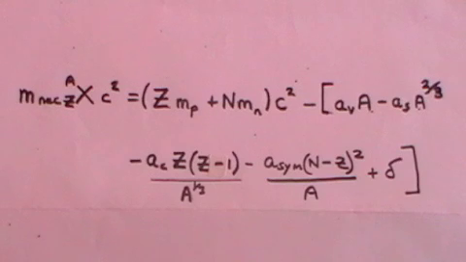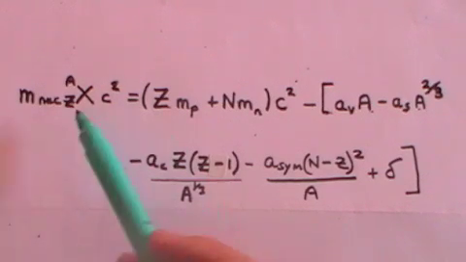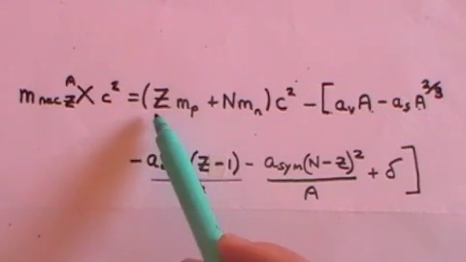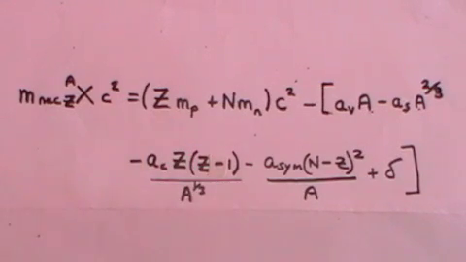So for all the possible values of Z, what is the value of Z that will give us the minimum value of mass energy? To find a minimum, you differentiate and set equal to 0. So we differentiate the mass energy by Z, which is going to be our variable, and set that equal to 0. So take a deep breath and let's do it.